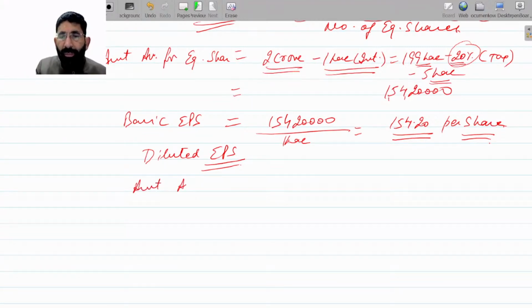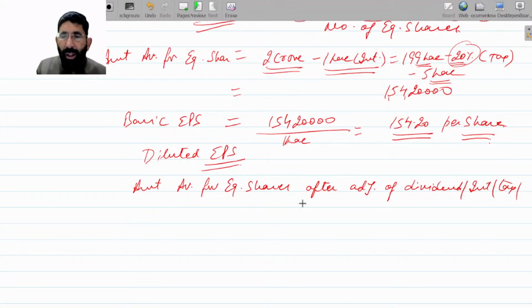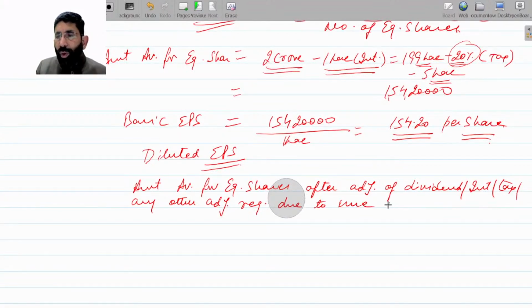Now we have to calculate the amount available for equity shares after adjustment of dividend, interest, or tax, or any other adjustment required due to issue of potential equity shares.